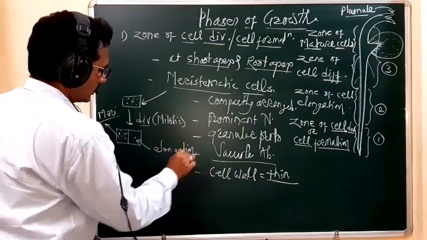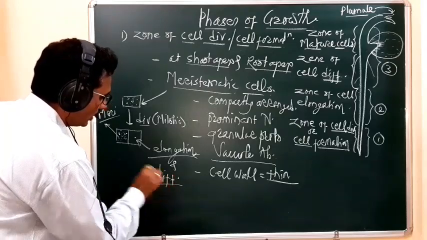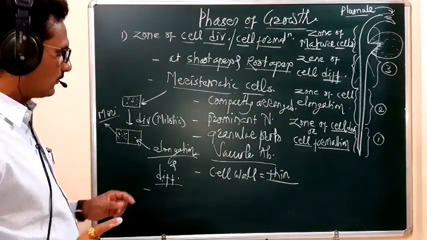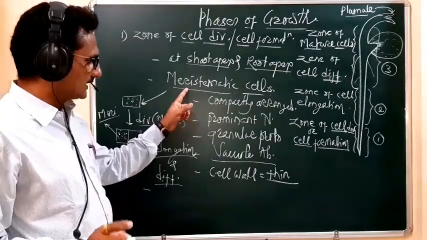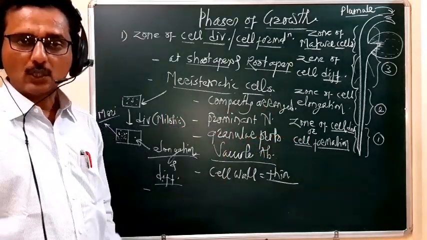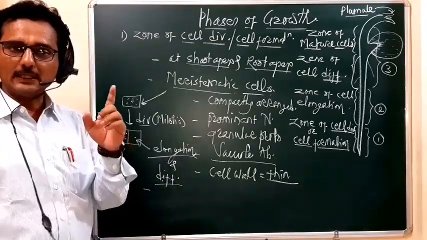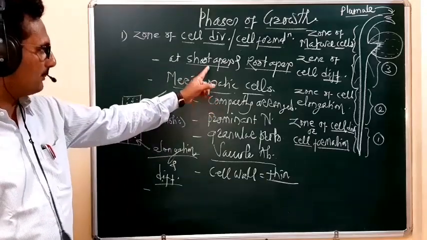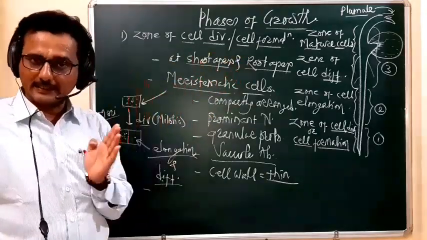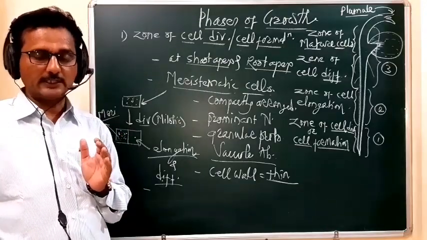So remember, students, this is the characteristic feature of the meristematic cells situated at the shoot apex and root apex. Because of this, the shoot apex site and the root apex site show linear growth.